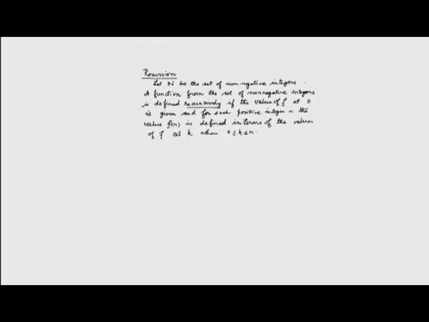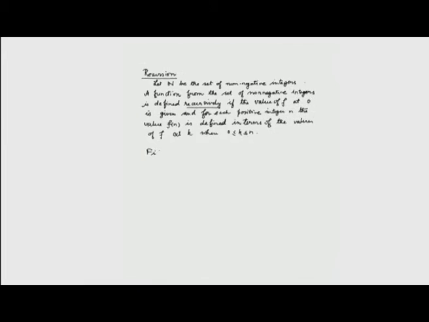Now, we look at some recurrence relations, and probably the most famous recurrence relation, that is the Fibonacci sequence.